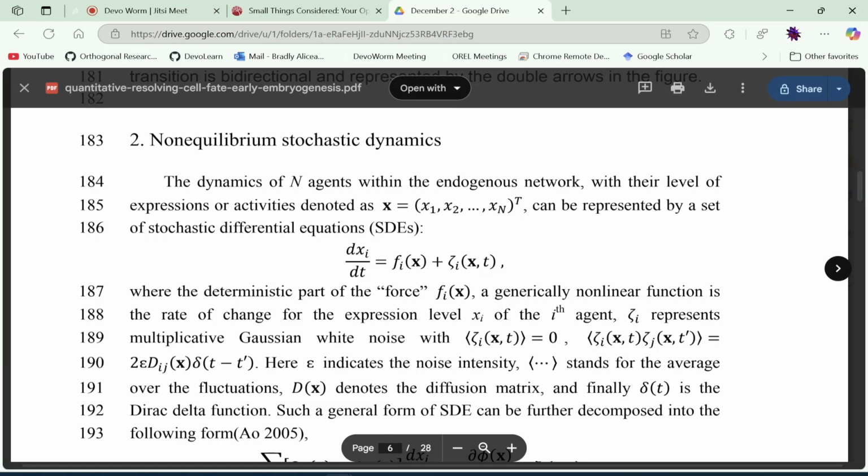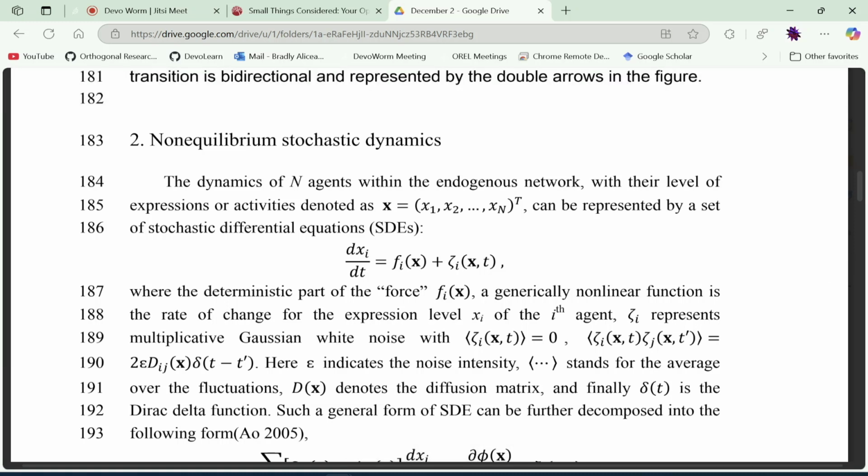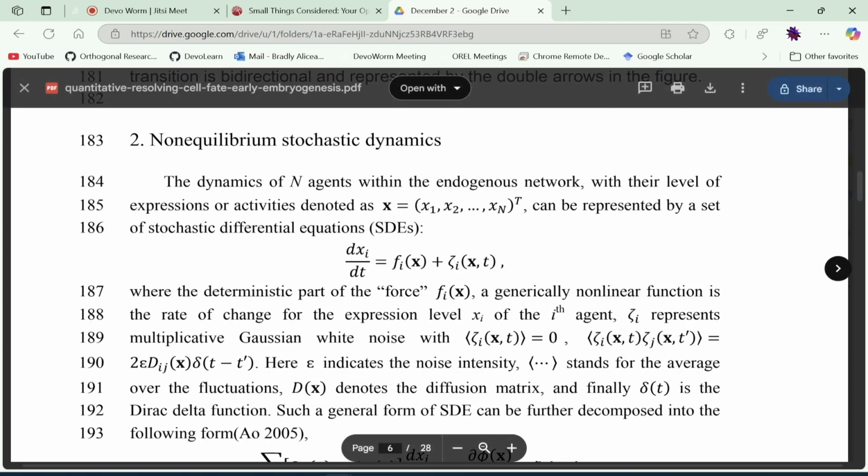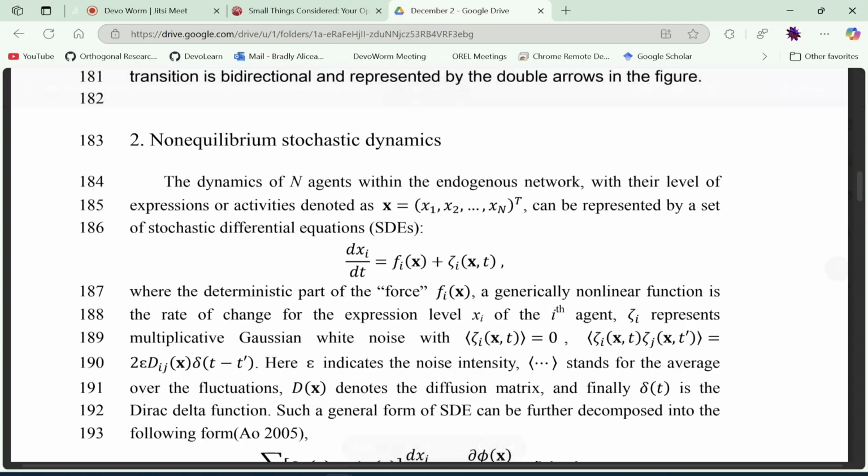So this is their stochastic differential equation, where you have this component that's force, which is this function here. The deterministic part is force, which is a generically nonlinear function, the rate of change for the expression level of x_i of the ith agent.